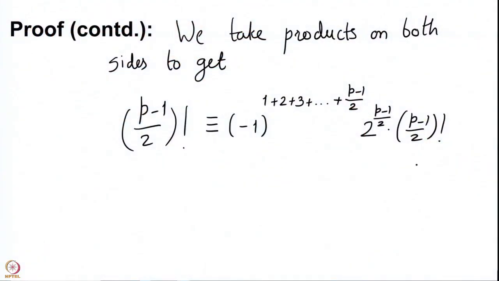So, there is a 2 which you can take common from each of the terms on the right when you take the product. So, the 2 will come (p minus 1)/2 times, and then what is left is simply 1 into 2 into 3 up to (p minus 1)/2, and that is the ((p minus 1)/2) factorial.